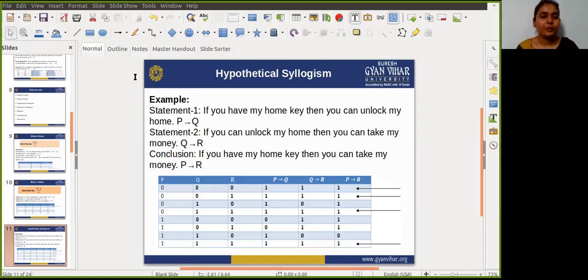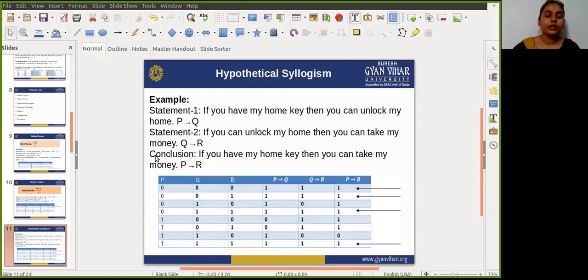So for example, if you have my home key, then you can unlock my home. This shows that P implies Q. Statement two says that if you can unlock my home, then you can take my money.